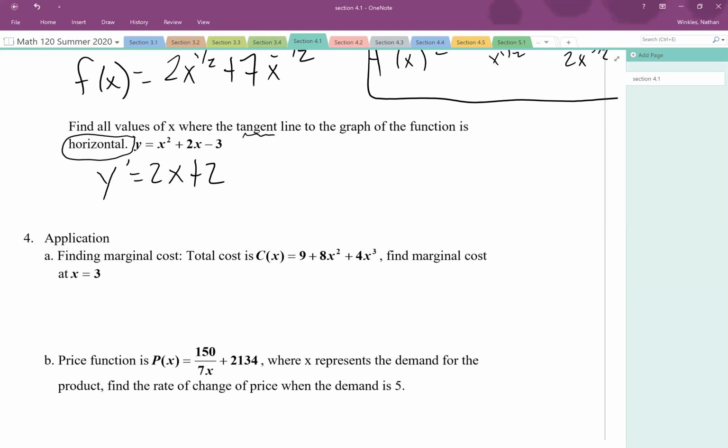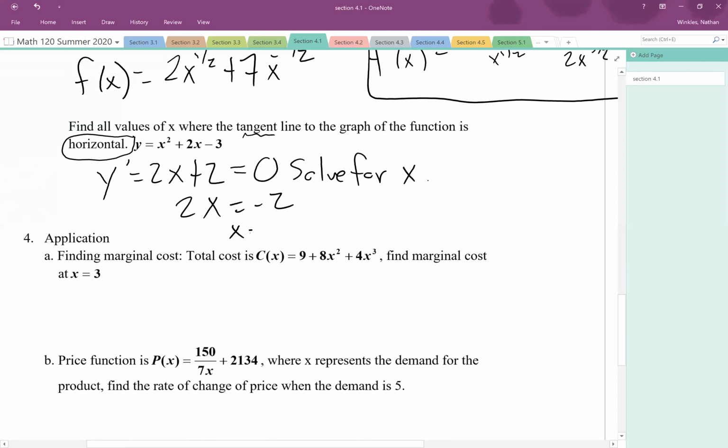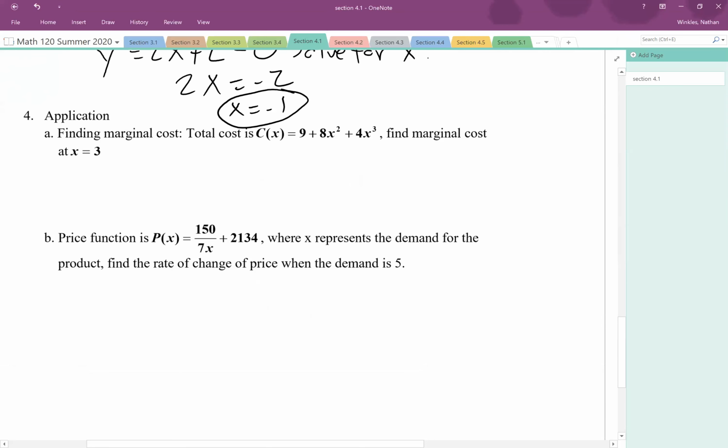Well, don't let all these fancy words confuse us. In this case, we're going to set it equal to 0 and solve. So 2x equals negative 2, x equals negative 1. x equals negative 1 is the only value where our tangent line is horizontal.